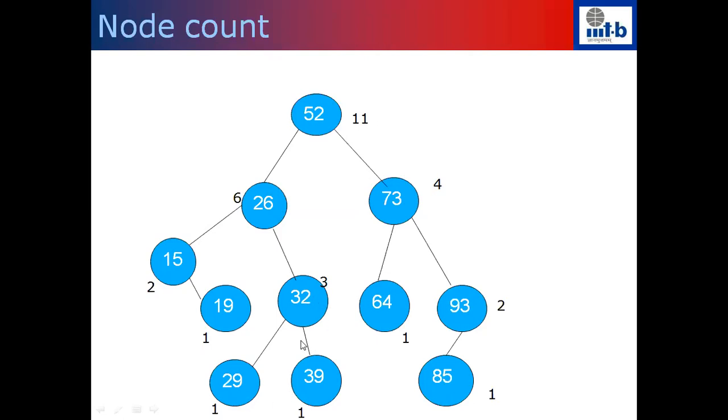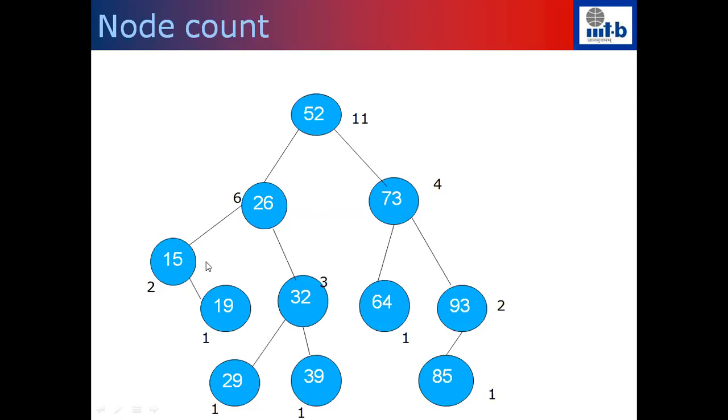How do you update this count? If you update it with a bottom up approach, it's easy. All the leaf nodes will have 1, because a leaf doesn't have any child; the number of nodes in the subtree rooted there is 1. When you go to a parent node, the count for it is the count on the left child plus the count on the right child plus 1.